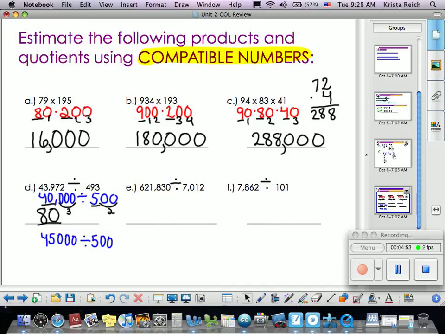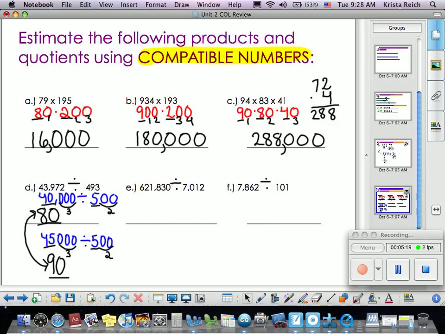This is another way that you can look at it, because look at what happens. 5 can go into 45, 9 times. 3 zeros minus 2 zeros is 1 zero. These two estimations are very close, and I would accept both on a COL.